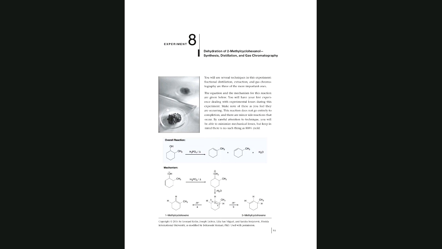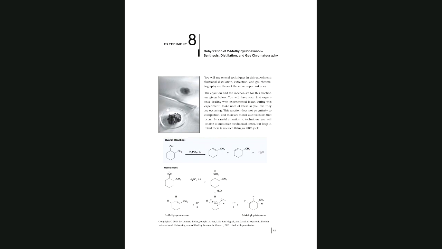If it is removed from the left side, which is counterclockwise, it gives us the double bond on the opposite side, and we get 3-methylcyclohexene. So the hydrogen could be abstracted from the right side or the left side of the carbocation, and as a result we get two products.